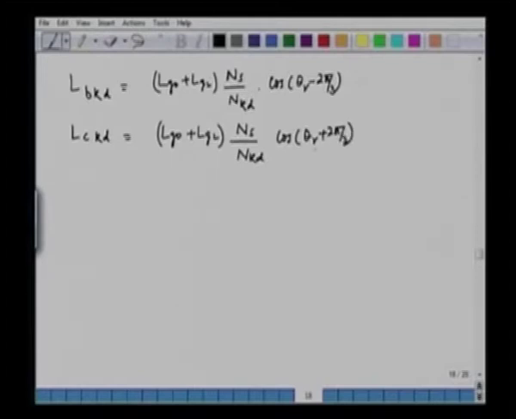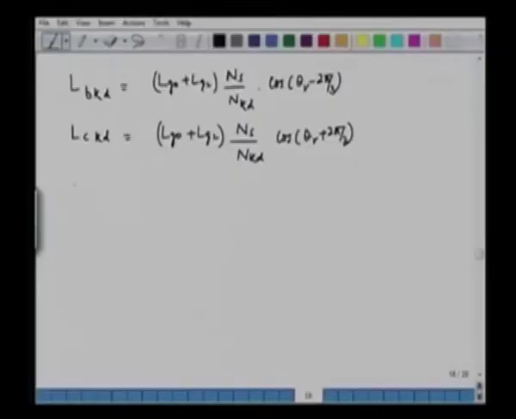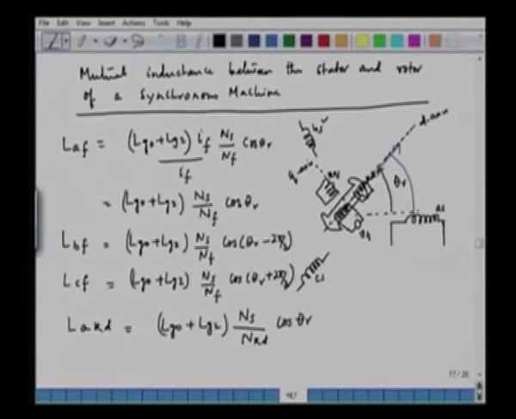This is about the mutual inductance between the stator winding and the d axis damper. And similarly, we can evaluate the mutual inductance between the stator winding and the q axis damper, and that is LAKQ. So, we will see what is this inductance. We are finding out the inductance between A and KQ.